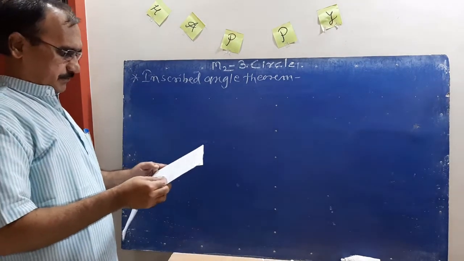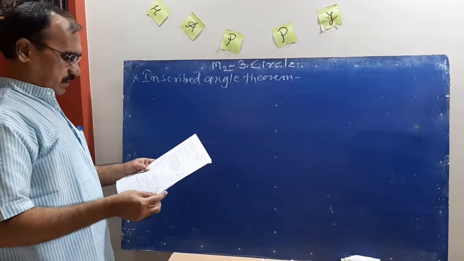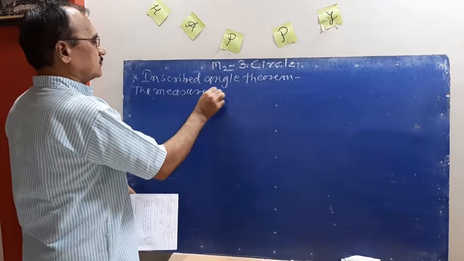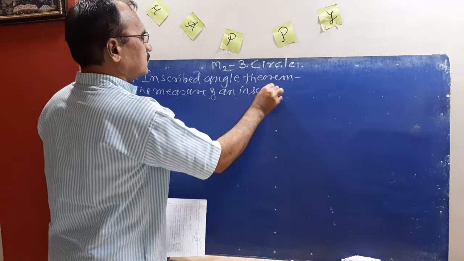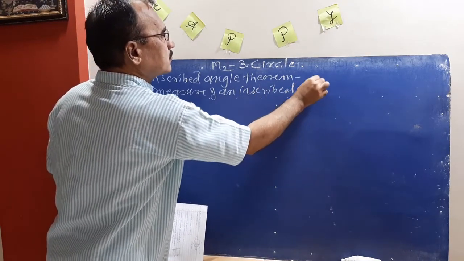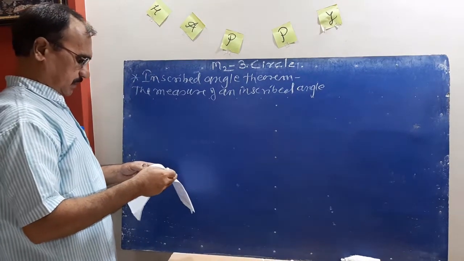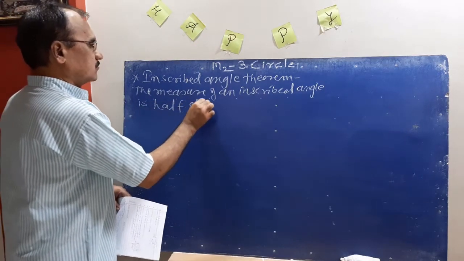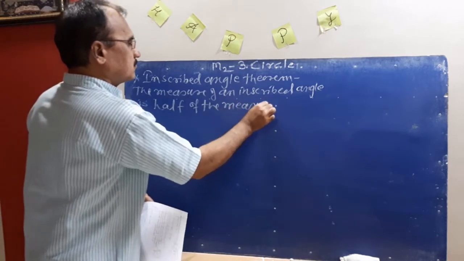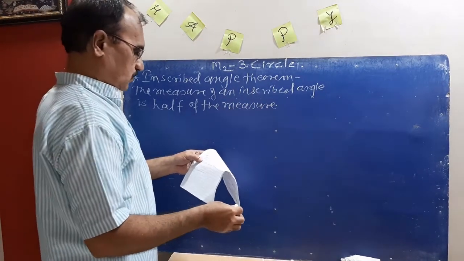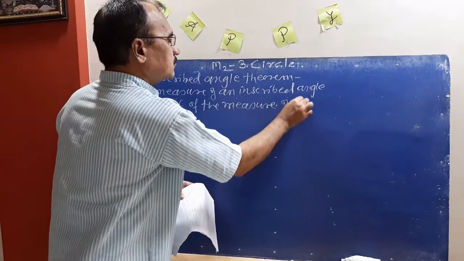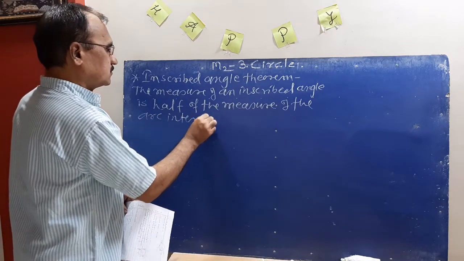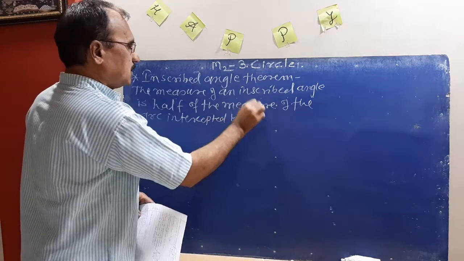Inscribed angle theorem: the measure of an inscribed angle is half of the measure of the arc intercepted by it.